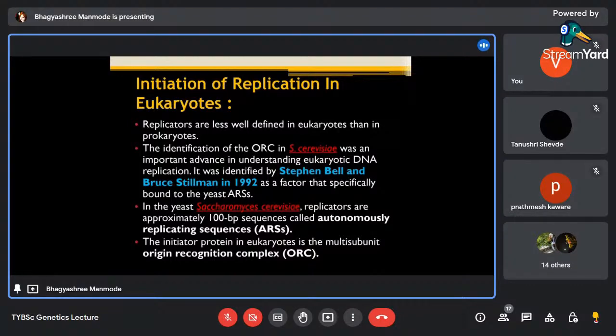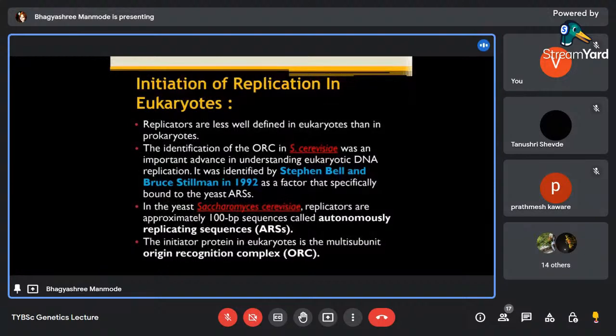In the yeast Saccharomyces cerevisiae, replicators are approximately 100 base pair sequences, called ARS, autonomously replicating sequences. The initiator protein in eukaryotes is the multi-subunit origin recognition complex.